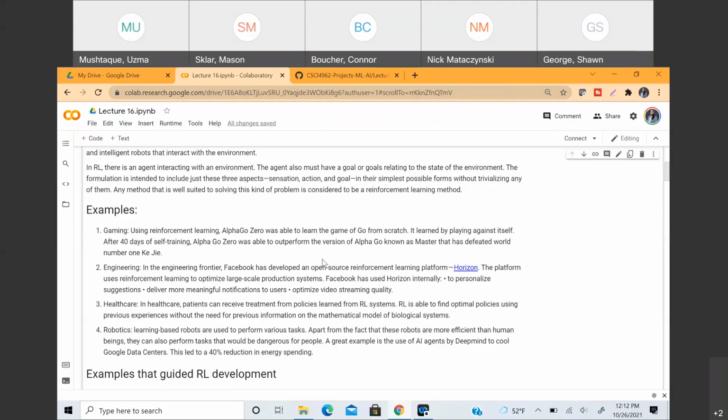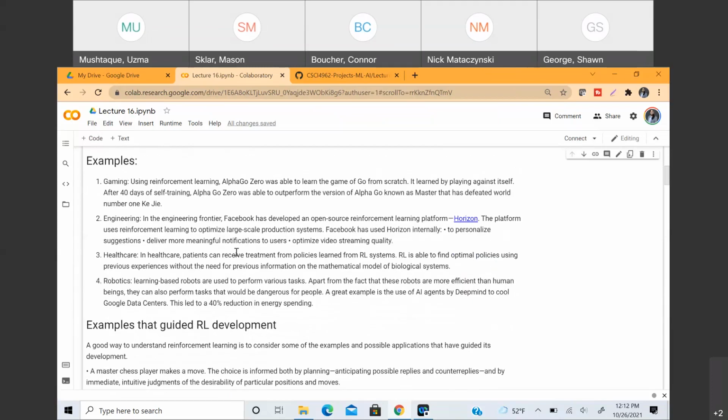Reinforcement learning has a good application in recommender systems because here we are trying, in some ways, to predict how a particular customer or user is going to act based on certain variables, right? The link that I've provided leads to an article that talks in detail about what Horizon is. So that's another very good application of reinforcement learning.